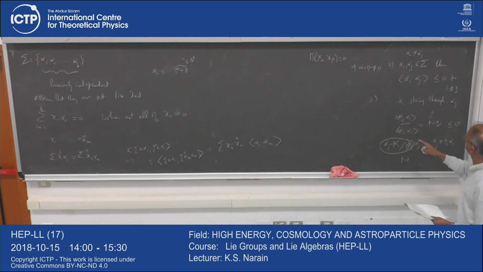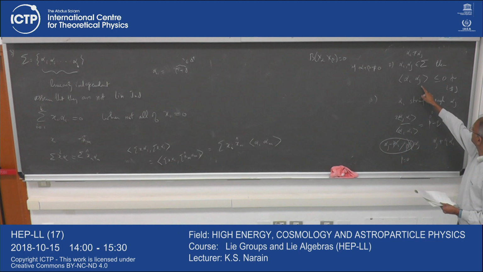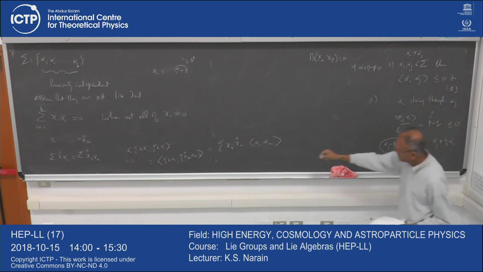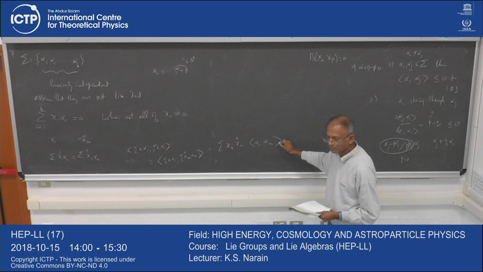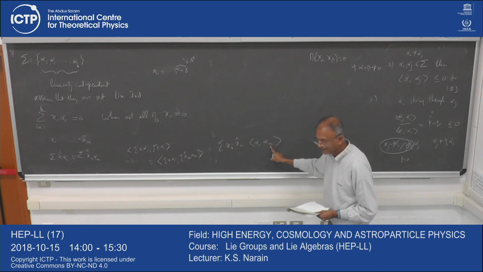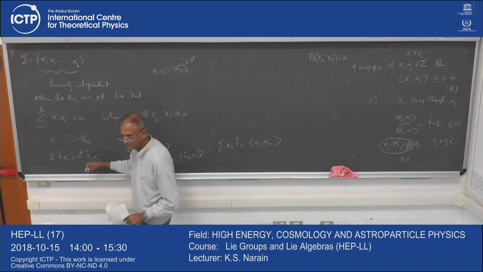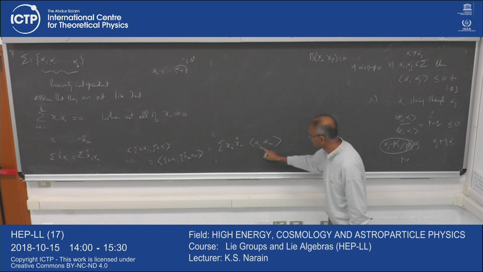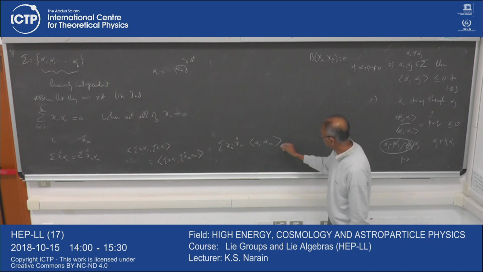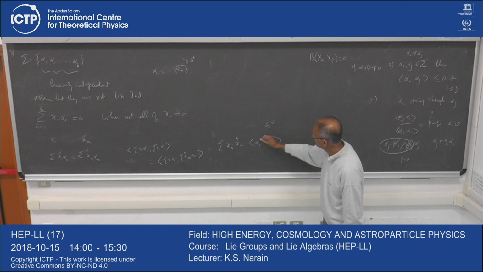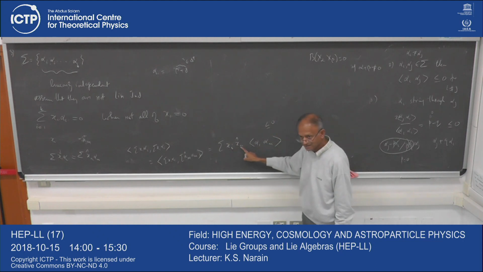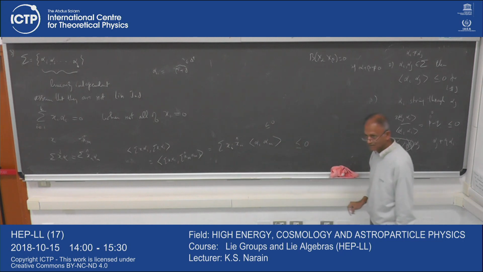But we have already shown in number 2 that alpha I with alpha j, when I and j are different, is always less than or equal to 0. Each of these quantities is less than or equal to 0, because I and m are never equal. Some index will be only here or there, so these are definitely different roots. Each of these terms is less than or equal to 0, but the coefficient is positive. So this is less than or equal to 0.